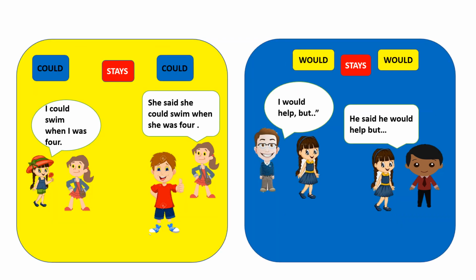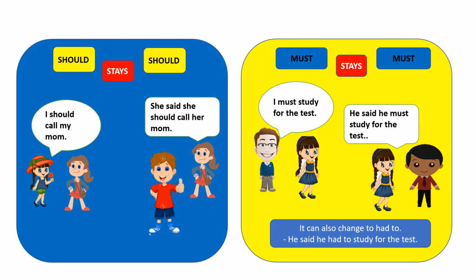Could stays could. I could swim when I was 4. She said she could swim when she was 4. Would remains the same. I would help. He said he would help. Should also remains the same. I should call my mom.